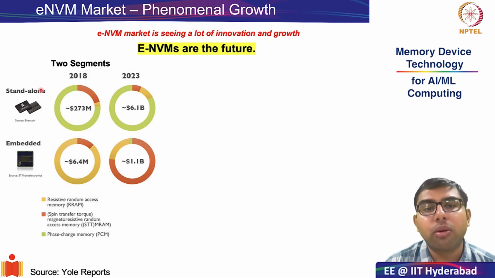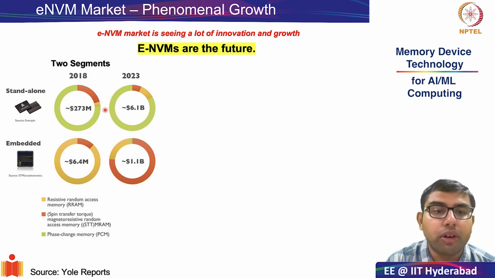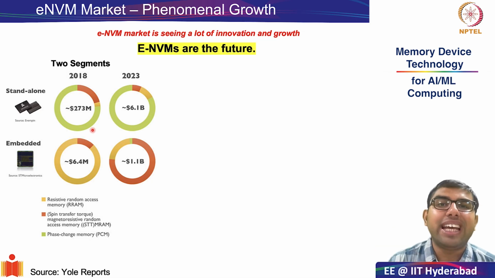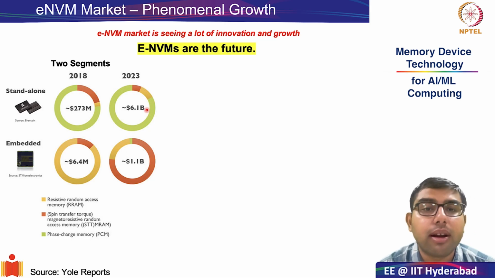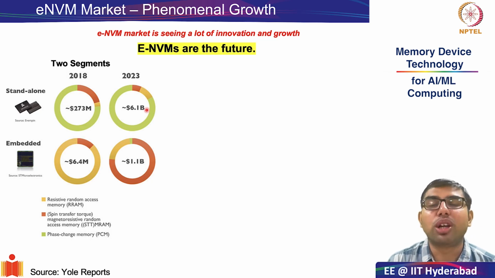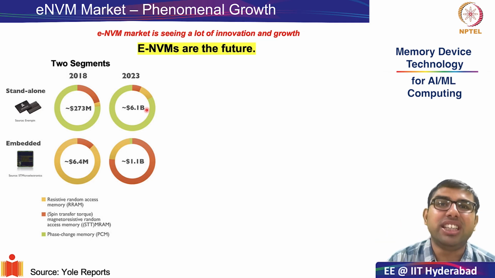In the standalone segment, as you can see, the green indicates phase change memory. So the majority of the share is being taken by phase change memory technology, which is around $6.1 billion in 2023. The primary reason is that phase change memory is now quite an established technology.